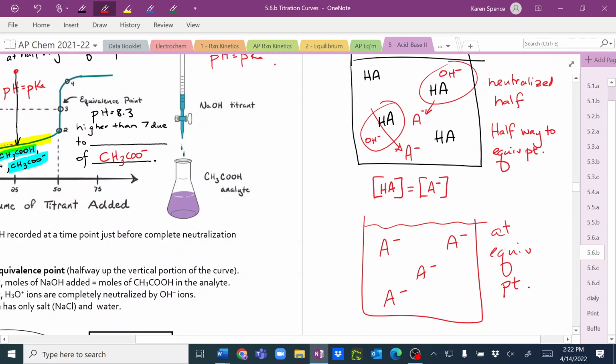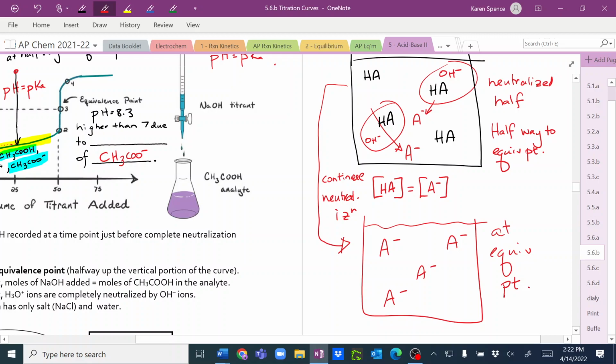That's what would happen if we continued neutralization. We end up with all the HA converted into A minus, so all we have left is CH3COO minus.